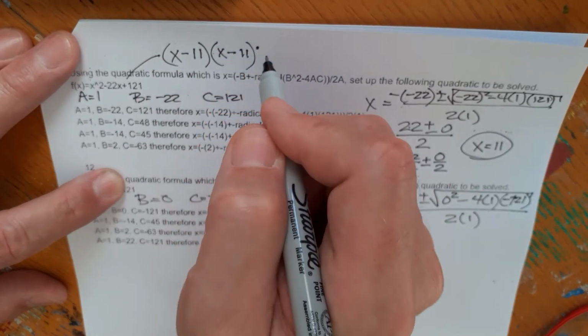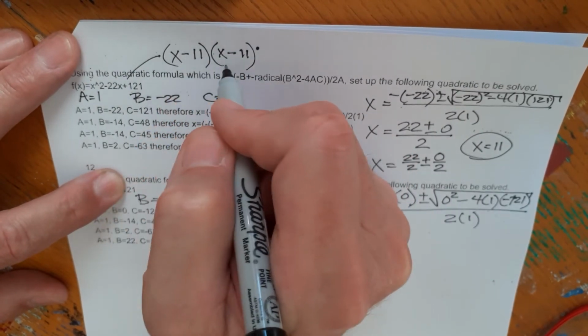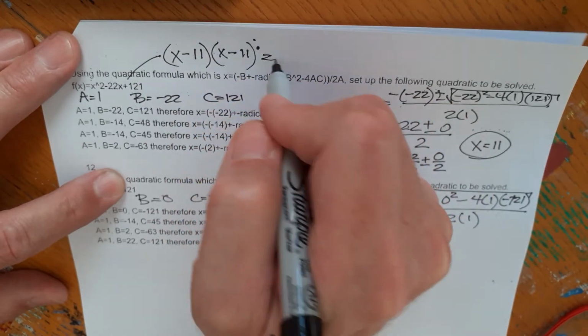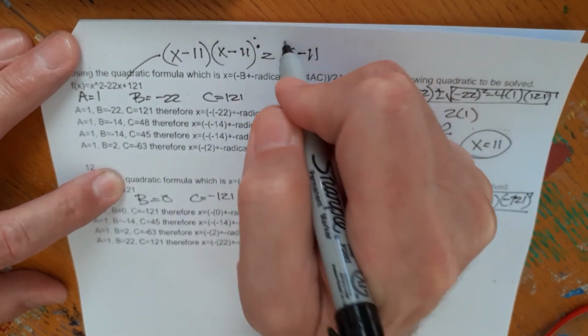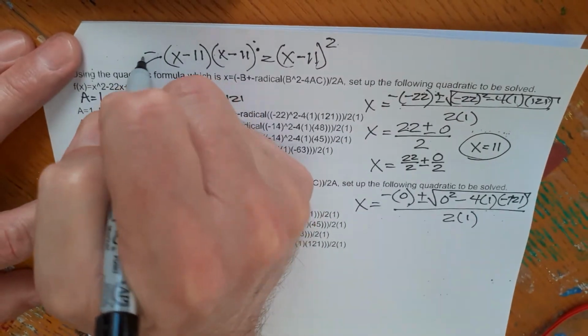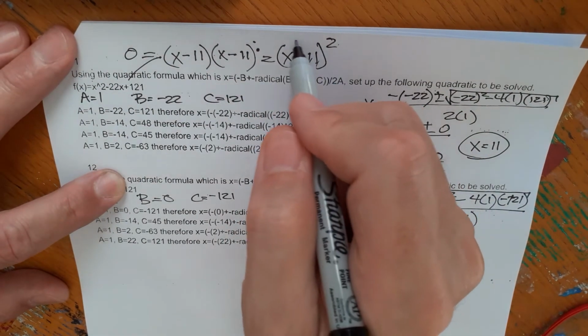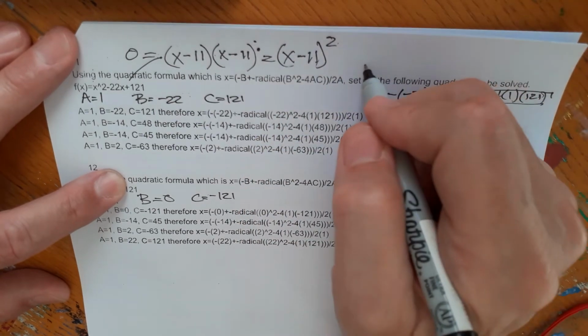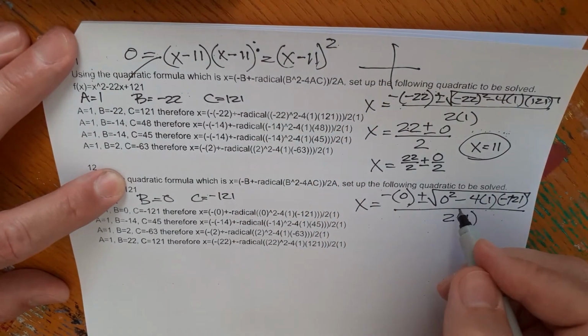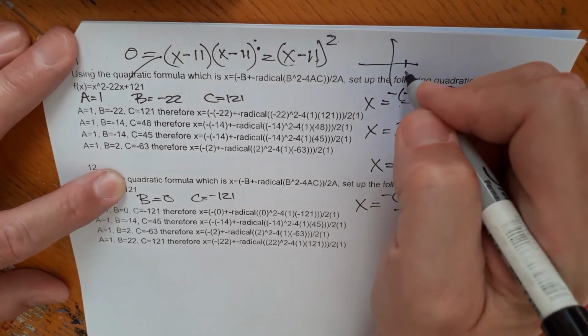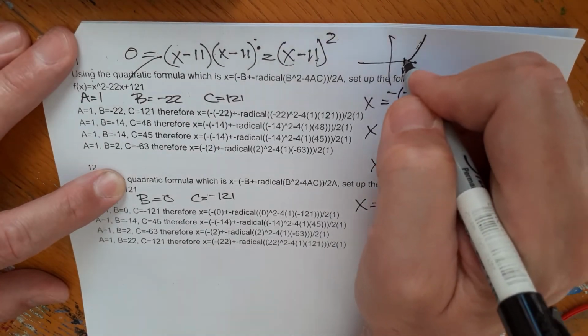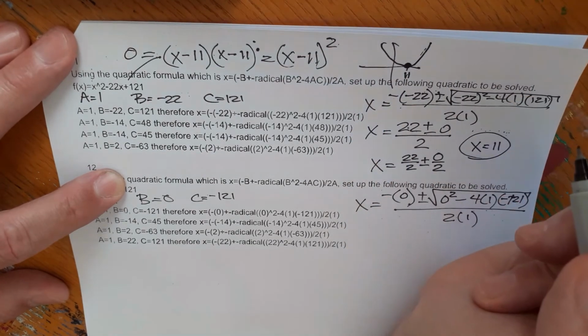I would have x minus 11 times x minus 11, which equals x minus 11 squared. And remember, this is all equal to y equal to 0. And so anytime we have the root repeat twice, what's really happening here is the root is at x equal to 11, which is here, 11, and this parabola is going up like that with one root right here.